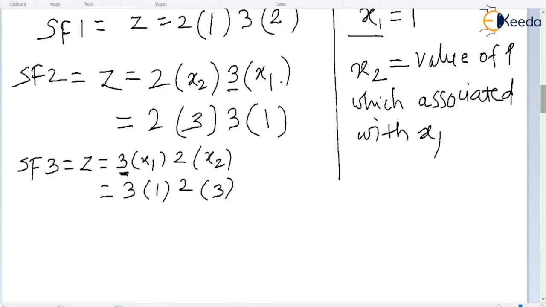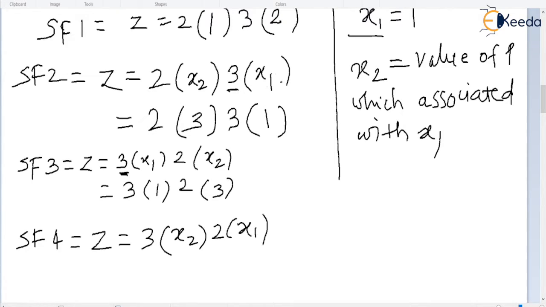Now we have got the third formula, and the last one, SF4, that is Z is equal to 3 in bracket X2 and 2 in bracket X1. We write it like this: 3, keeping the bracket empty, 2, the value of X1 is 1, and the value of X2 is the value associated with X1, so it is 2. With this method we got 4 structural formulas, and we will write them.